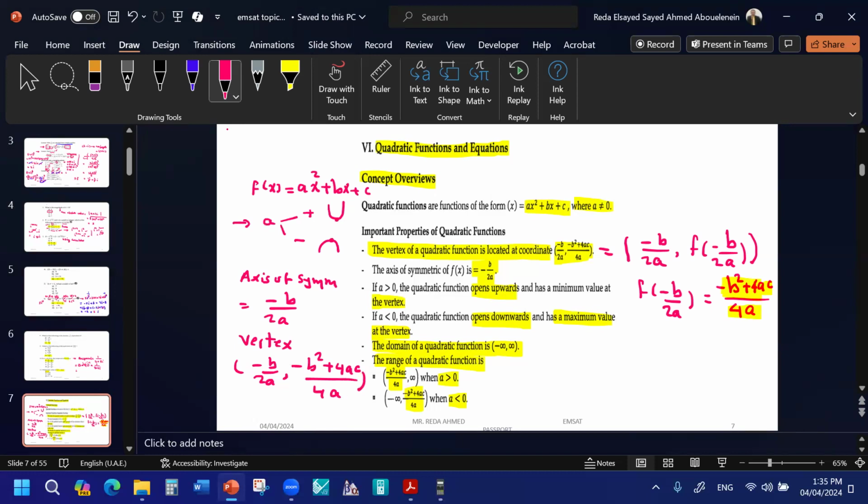And so the range will be, if a is greater than 0, y greater than negative b squared plus 4ac divided by 4a, and if a is less than 0, the range will be y less than negative b squared plus 4ac divided by 4a.